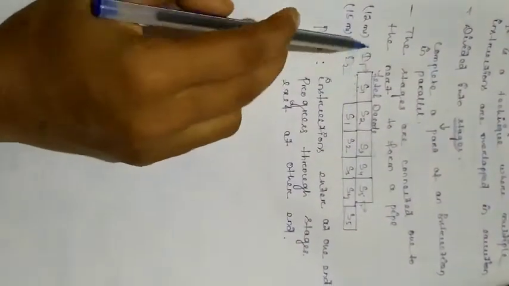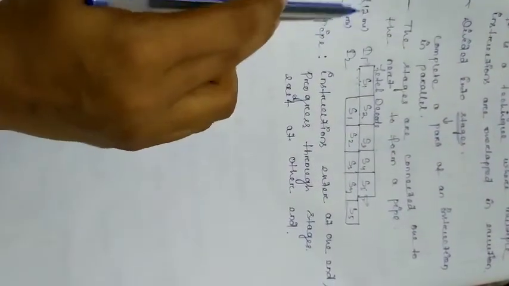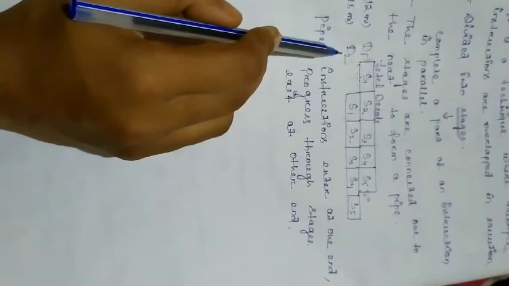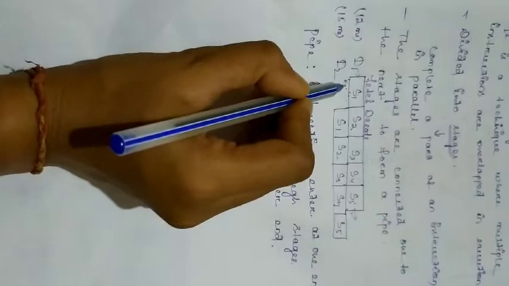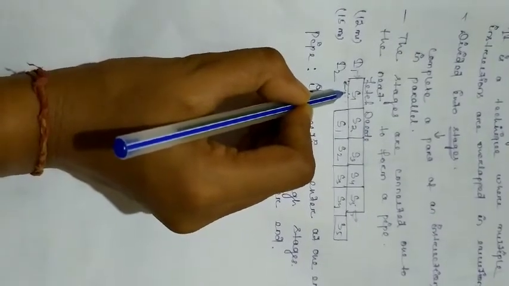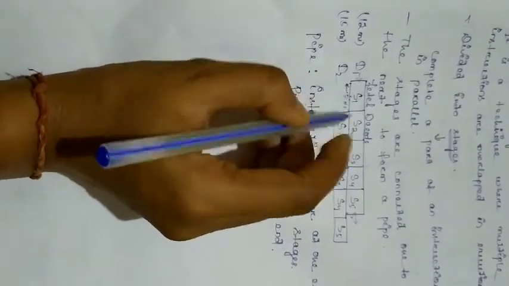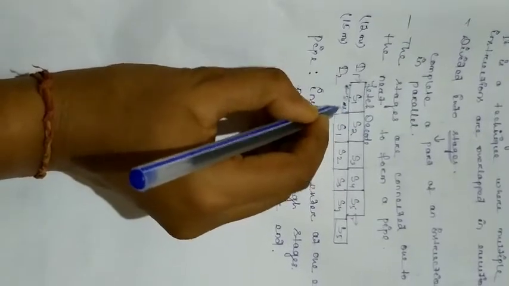If we do not use pipelining, then after the 12 milliseconds, the execution of I2 will start. It will fetch, then decode, then execute, then write back. But in pipelining, let's say fetch takes 3 milliseconds to fetch an instruction.